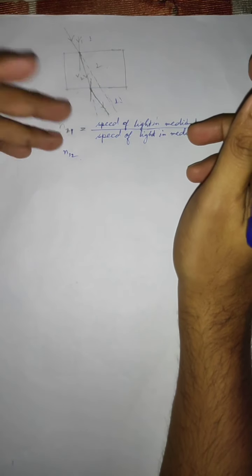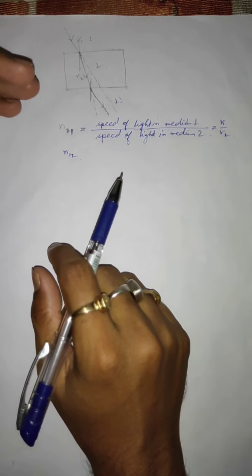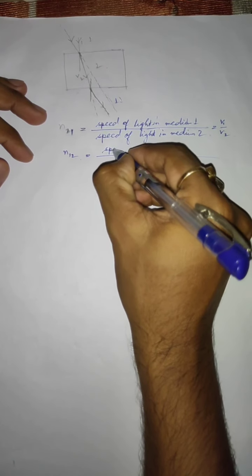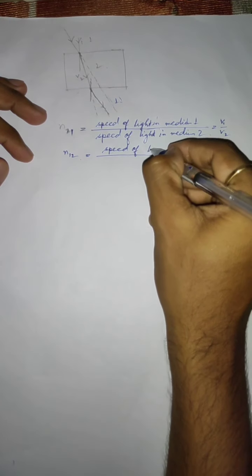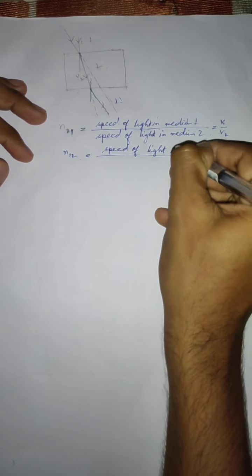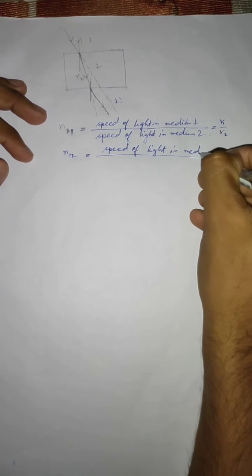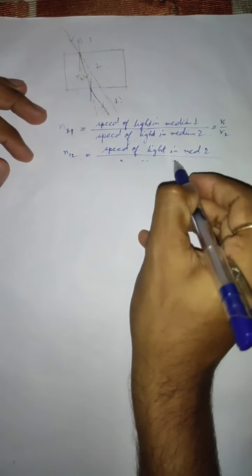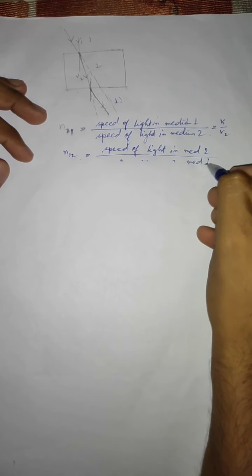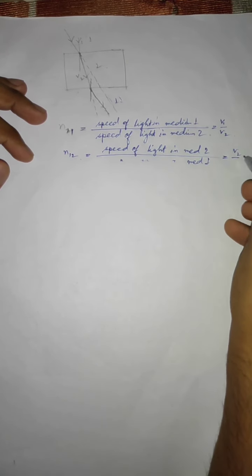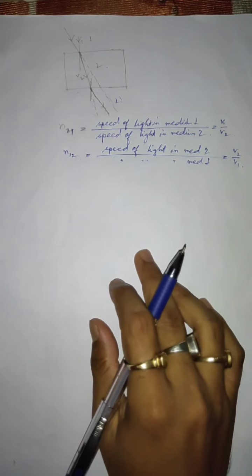Then in this case we can find n12, which is the speed of light in medium 2 divided by the speed of light in medium 1. So this is just v2 by v1.